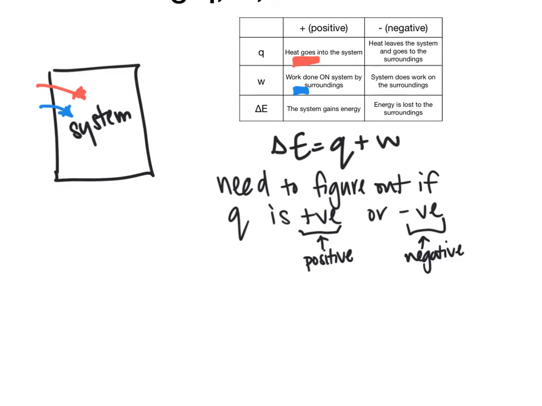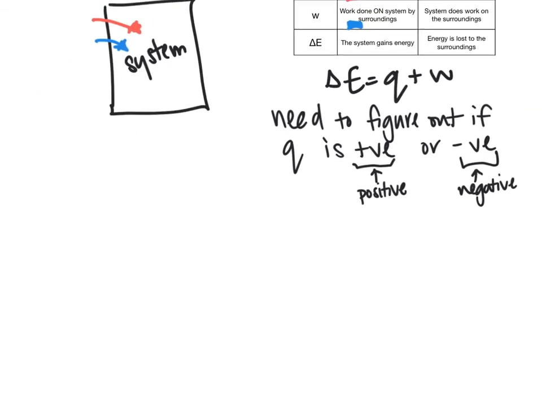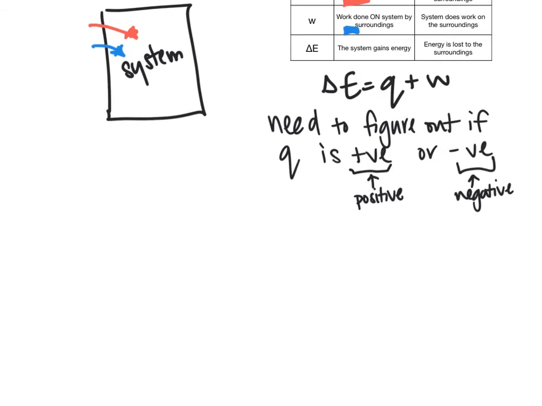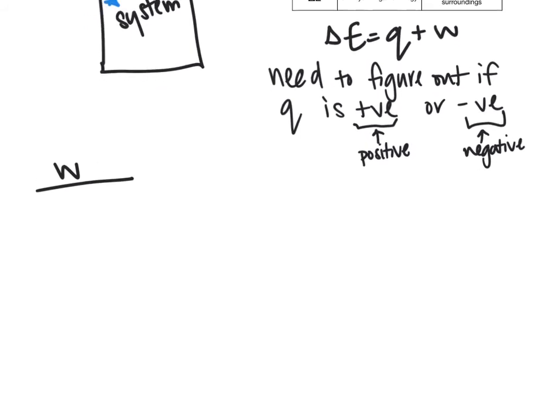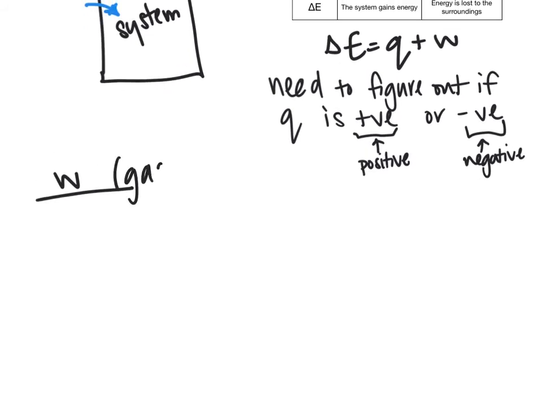So we're going to have to use the context clues in the question to try to figure that out. So heat is relatively easy. The temperature goes up or goes down. Work is much more complicated. So if we think about work like a gas tank, positive work is you put the gas in.